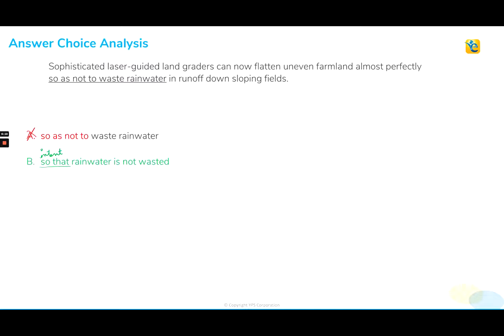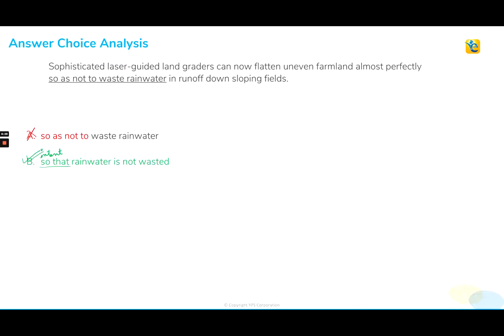Now, if we read the whole sentence, it says land graders can now flatten uneven farmland almost perfectly, so that the purpose, what's the purpose? So that rainwater is not wasted in runoff down sloping hills. Perfect, looks absolutely brilliant, conveys the meaning clearly.